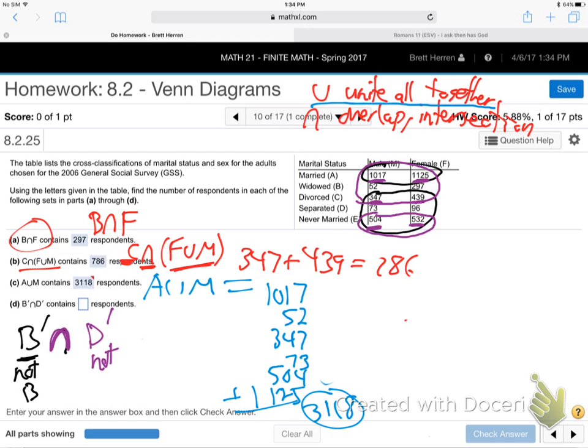Does that make sense how we did that? So it's going to be the 1017 added to 1125 added to 347 added to 439 added to 504, add 532.